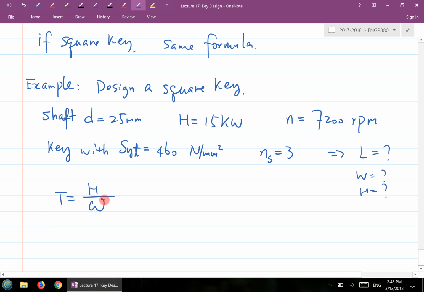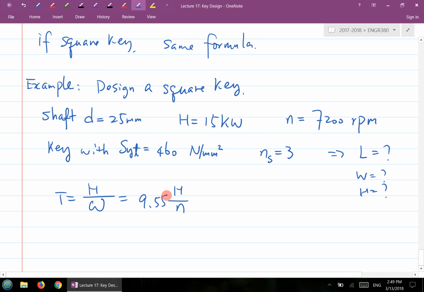The formula you need to be ready with, because this one is given in kilowatts and RPM, is 9.55 times H divided by RPM.